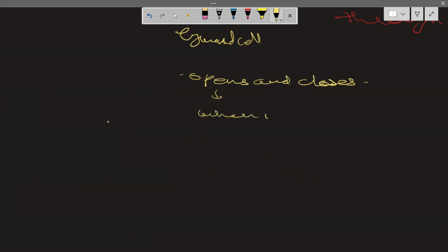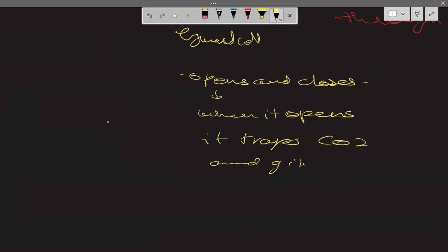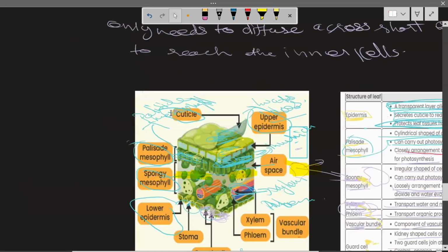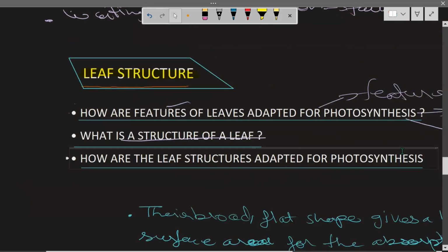When it opens, it takes in CO2 and gives out O2. So due to the guard cell, gas exchange can be done. Okay, you got it? So this is how the leaf structure is adapted for photosynthesis.